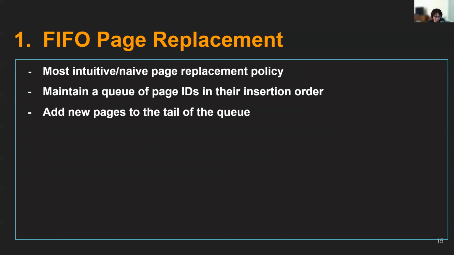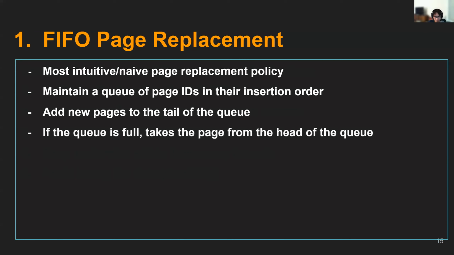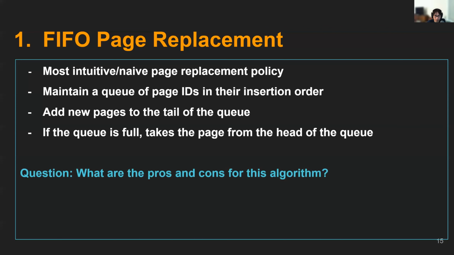Whenever you have a new page added to the queue, you add it to the tail. And whenever the queue is full, you take the page out of the queue from the head. This algorithm is pretty simple to understand, but it has some significant drawbacks.